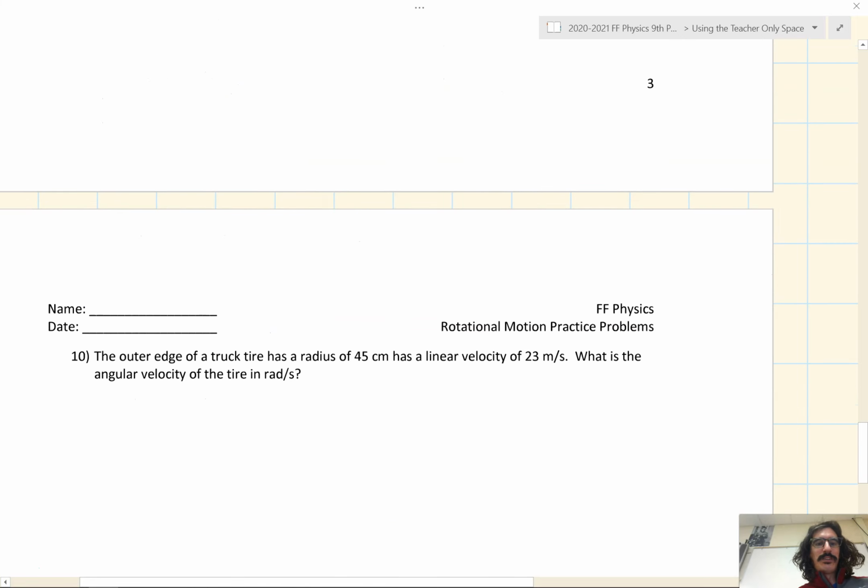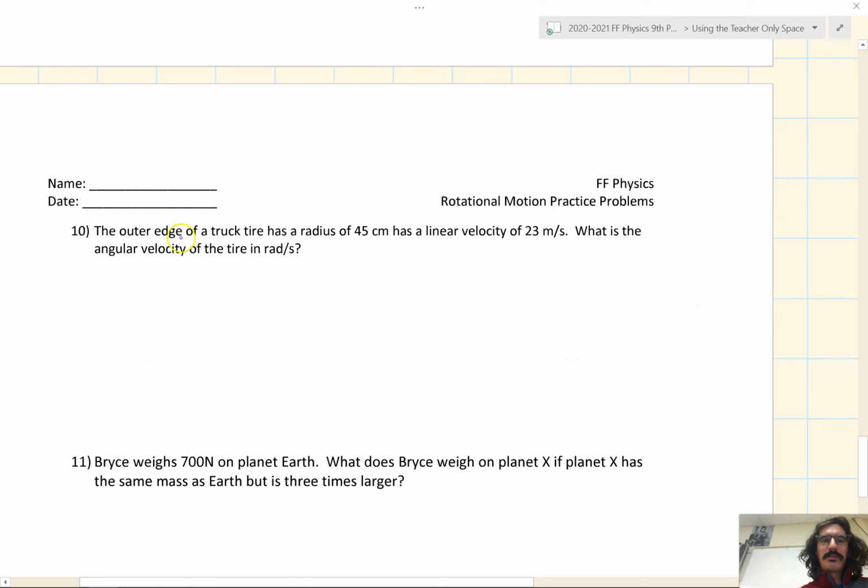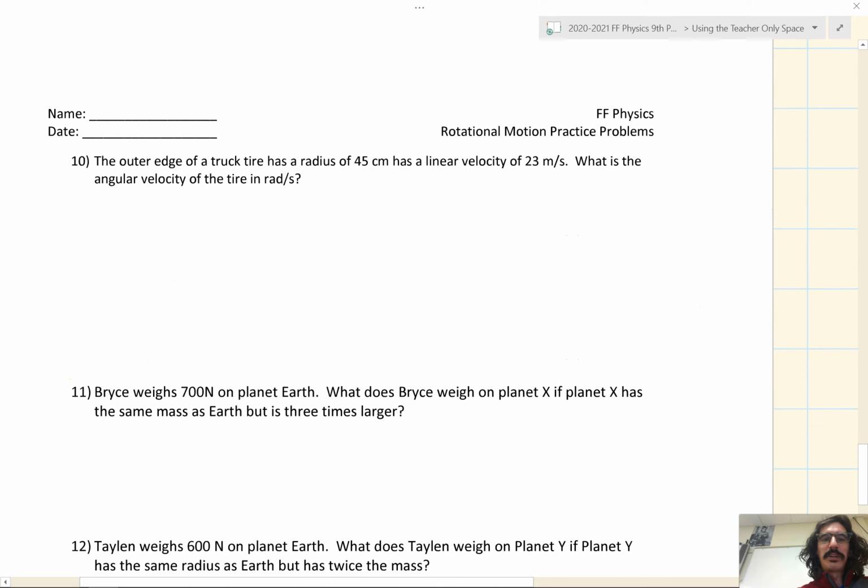All right, last page. The outer edge of a truck tire has a radius of 45 centimeters, which is 0.45 meters, a linear velocity of 23 meters per second. What is the angular velocity of the tire in radians per second?